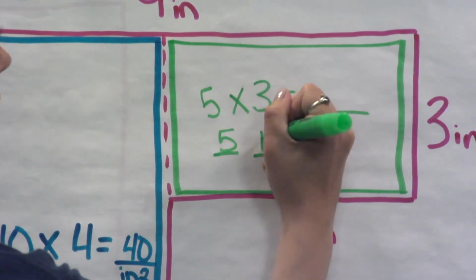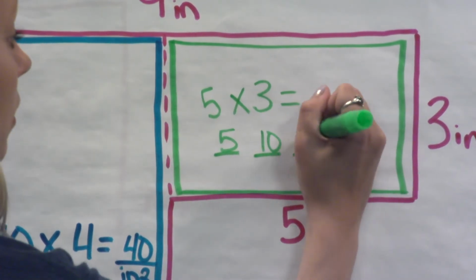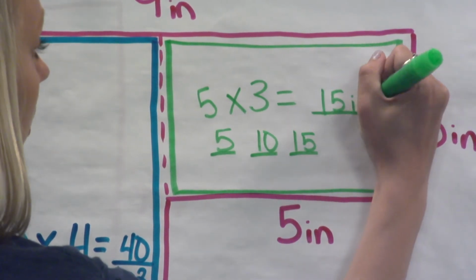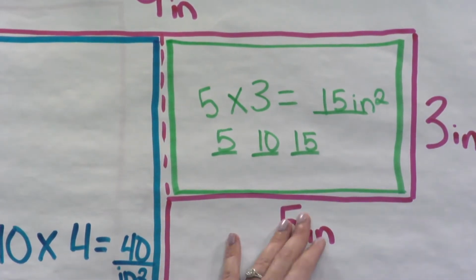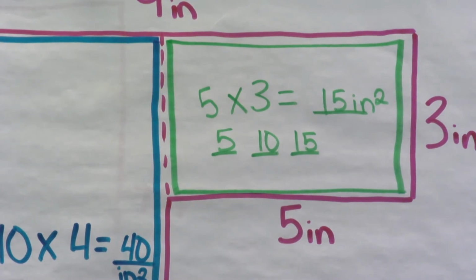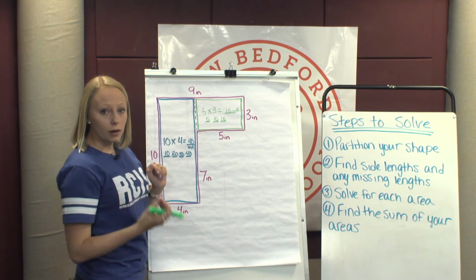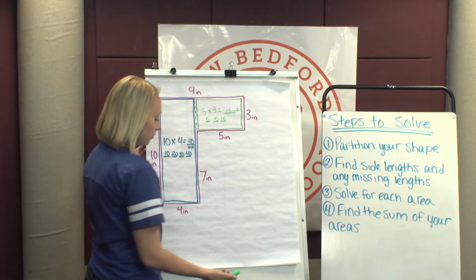5, 10, 15. So I have 15 inches squared for the area of this rectangle. Now my next step after I've solved for the area of each rectangle is to find the sum of my areas.